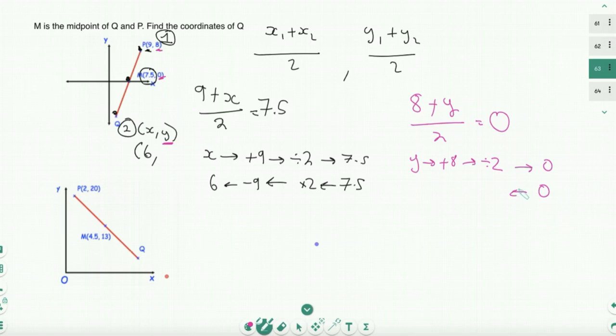So 0, we times it by 2, and we subtract 8. So 0 times 2 is 0, minus 8 is just negative 8. And therefore, our y coordinate is going to be negative 8. So 6, negative 8. And that's the answer to this question. The coordinate of Q is 6, negative 8.